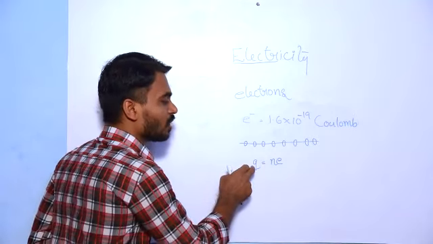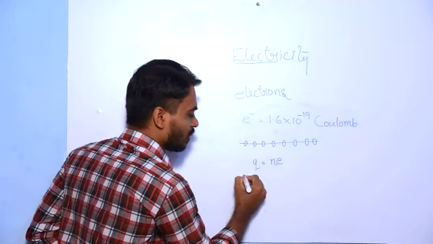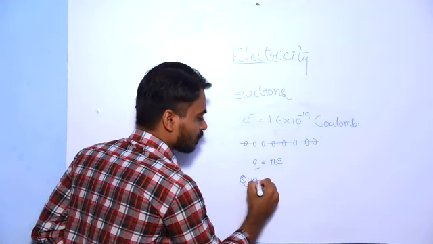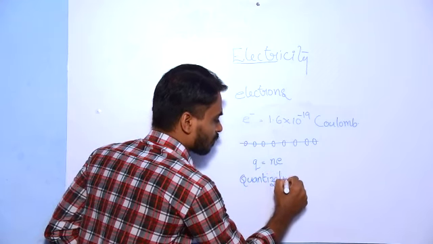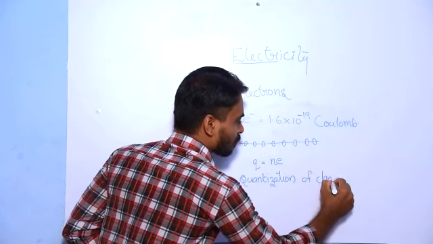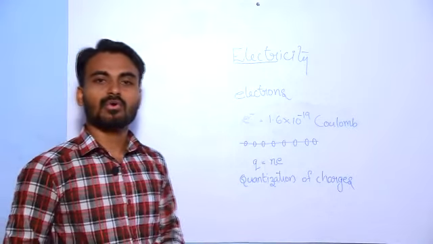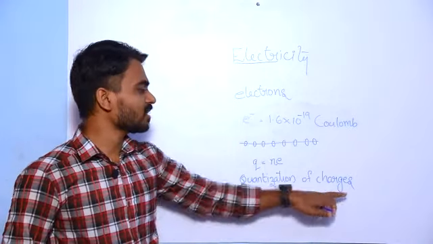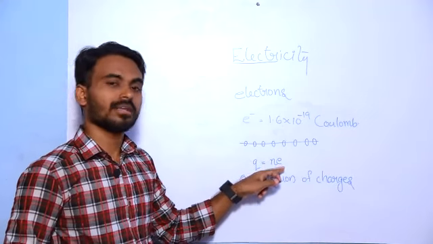So Q is equal to N into e, and this is what we call quantization of charges.